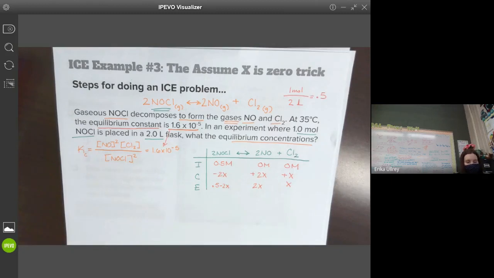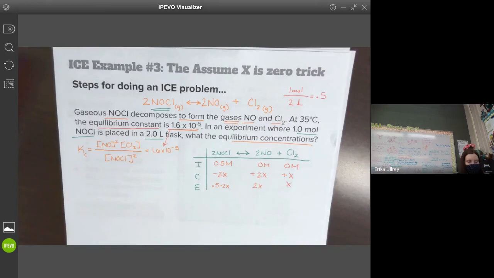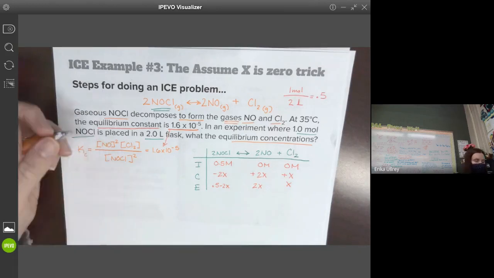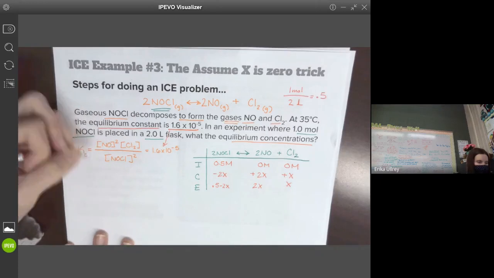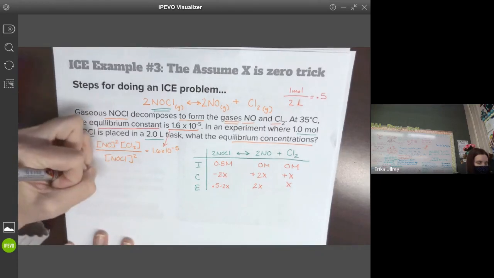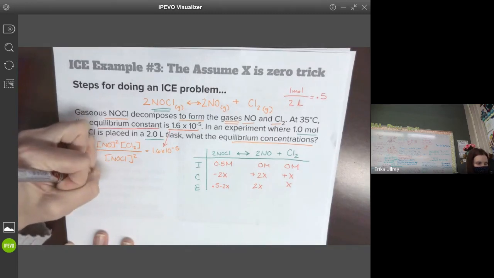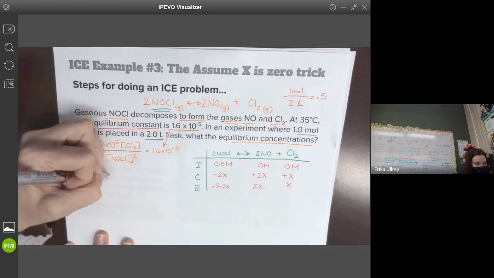So we know our K value is 1.6 times 10 to the negative fifth. We're going to take these values and plug them into this equation. This is going to get messy, right? So our value for NO is 2x and we have the square there, so it's going to be (2x) squared.